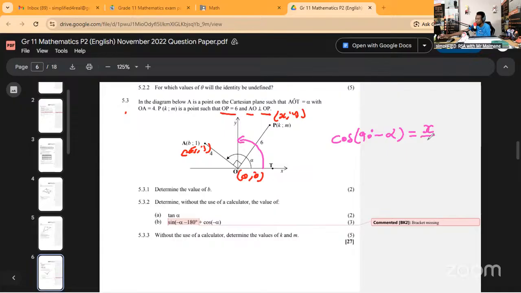x over r. Meaning cos 90 degrees minus alpha is going to be k over 6. Do you agree? Now, can anyone tell me what cos of 90 minus alpha is if we simplify it, based on the fact that in the first quadrant everything is positive?